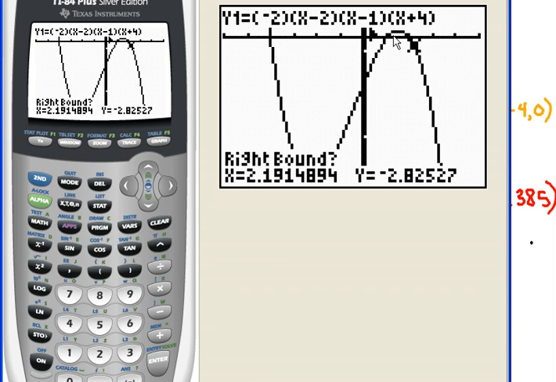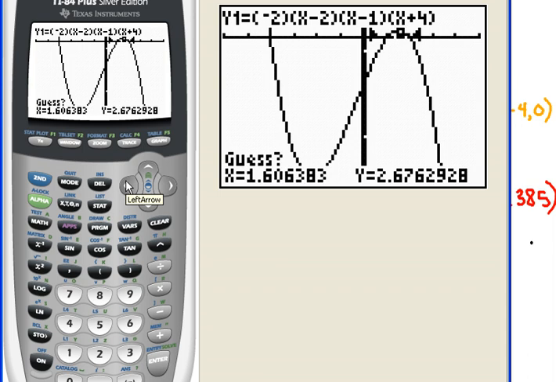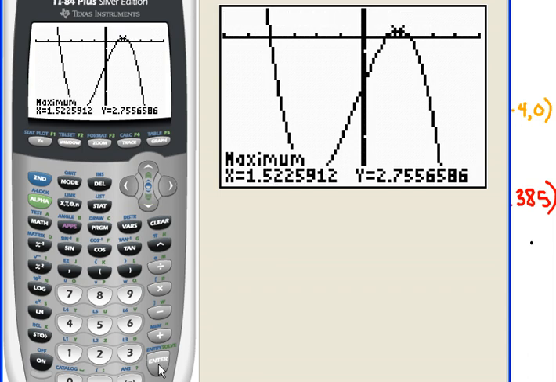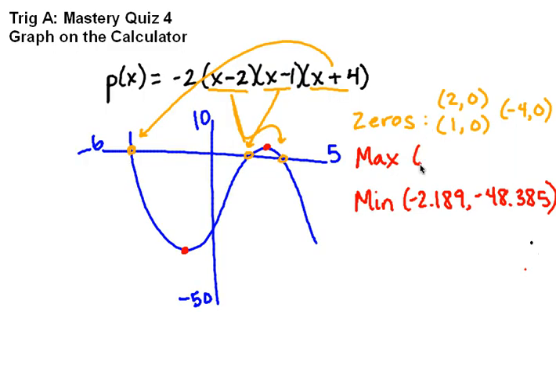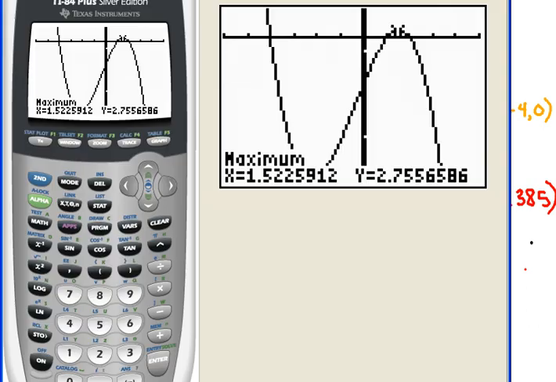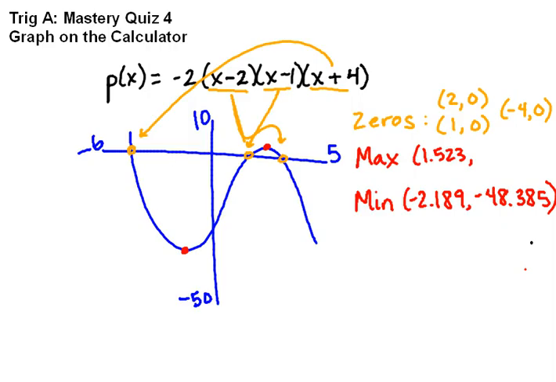Here's my maximum. This one is to the right. Then I need a guess. The maximum is about there. The calculator tells you your answer, and you copy it down. 1.523. I rounded there. Did you notice? 2.756.